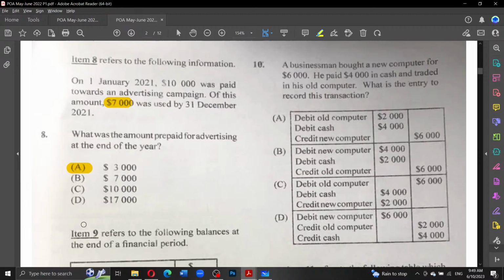He paid $4,000 in cash and traded in his old computer. What is the entry to record this transaction?